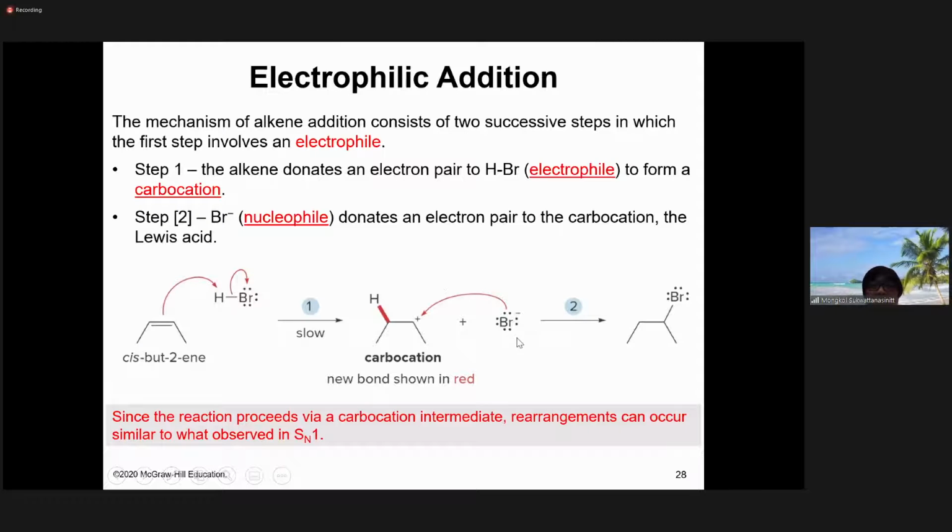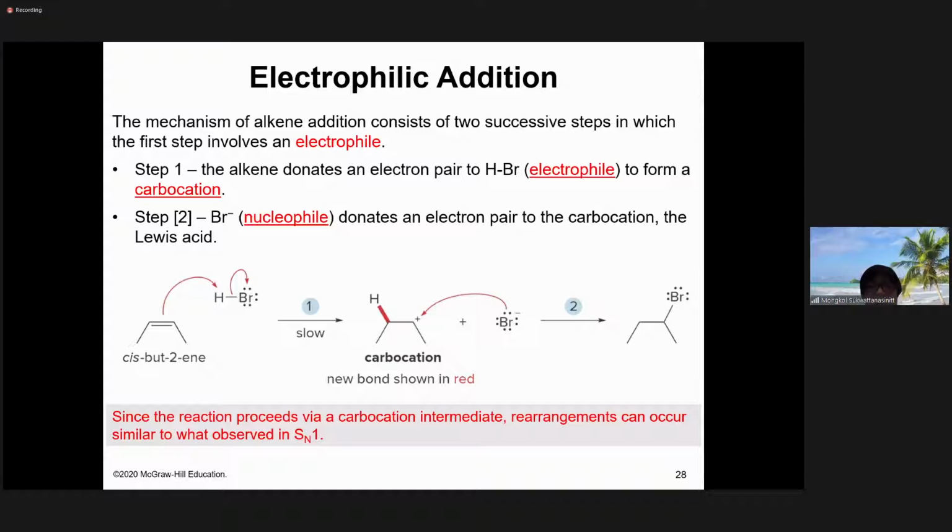But we name the mechanism of the reaction according to the first step. So we call it an electrophilic addition.